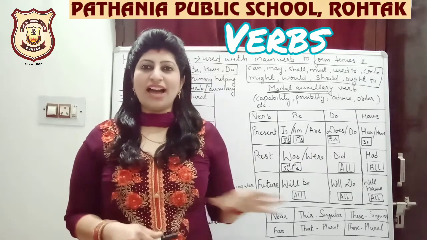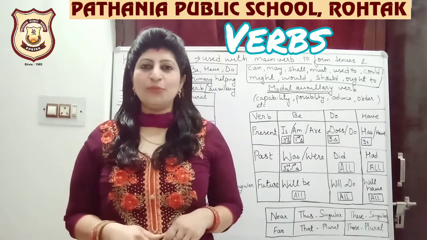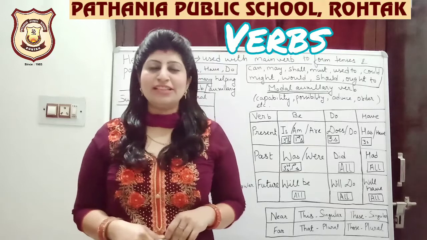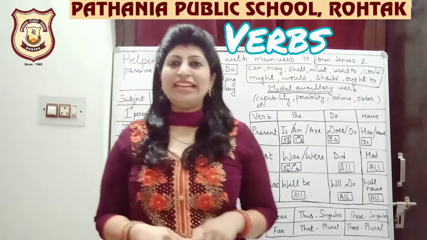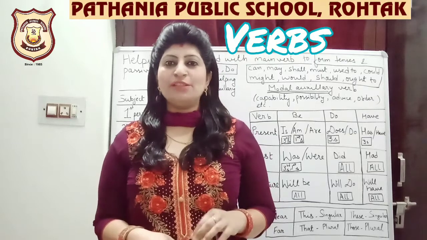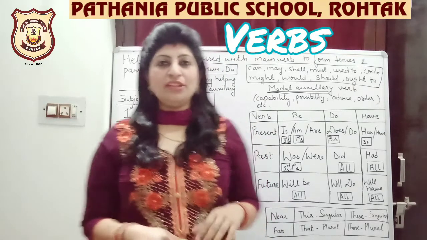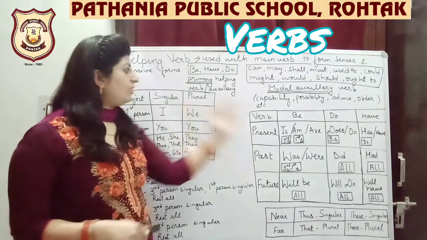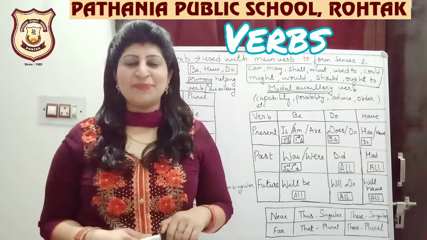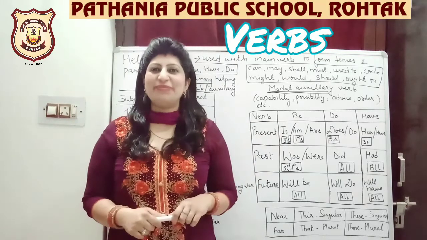There are certain charts which I have tried to make as crisp as possible for you, because if you notice the charts given in your grammar books, there are 15 columns for only be. There are 15 columns for do, 15 columns for the verb have. So even the basic verbs, that is be, do and have, have 15 columns each. Compared to that, I'm sure you must be finding this quite better.